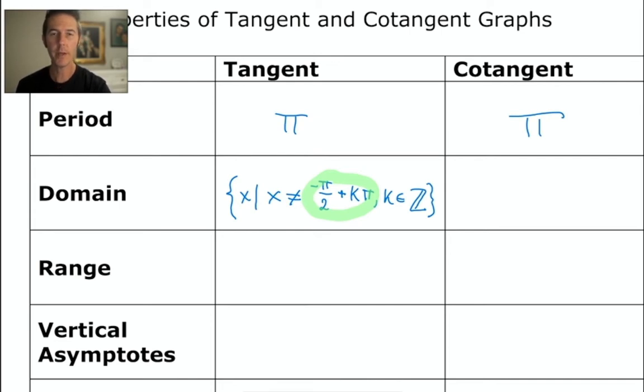Either way, we're moving forward or backward, to the left or to the right, multiples of the period of the function. We're hopping from asymptote to asymptote in both directions and leaving out those x values from the domain.